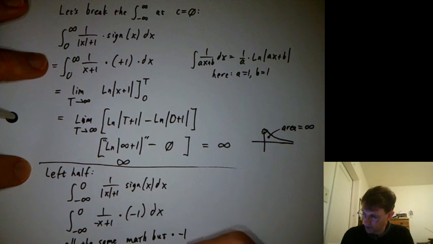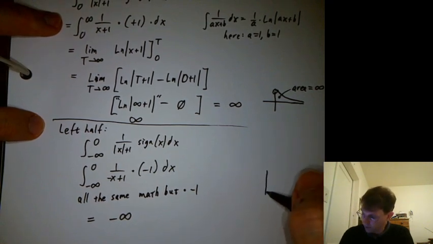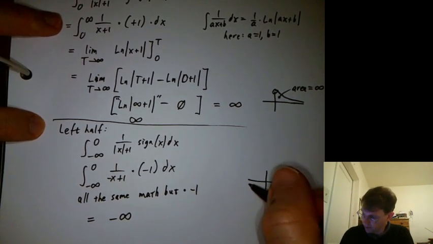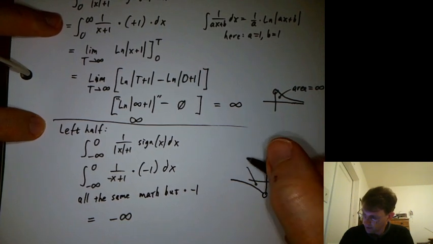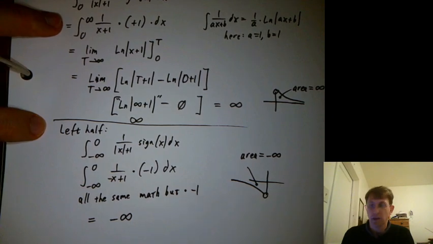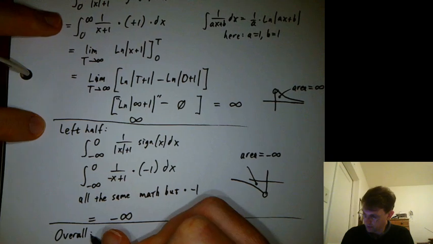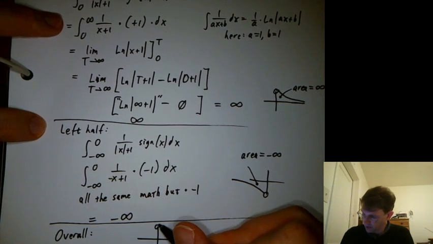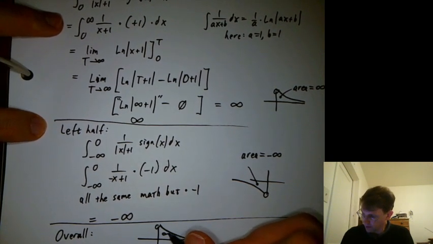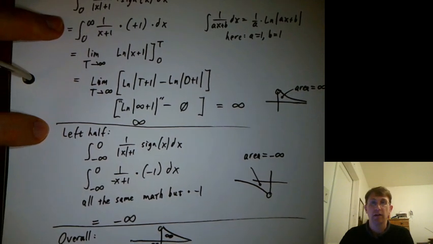But times the minus 1 there, so we're going to get negative infinity. So what we're getting is this area equals minus infinity. So overall, we just got this area is infinity, this area is minus infinity.